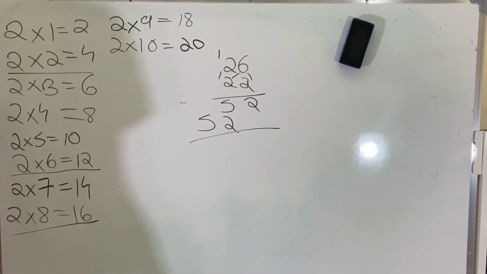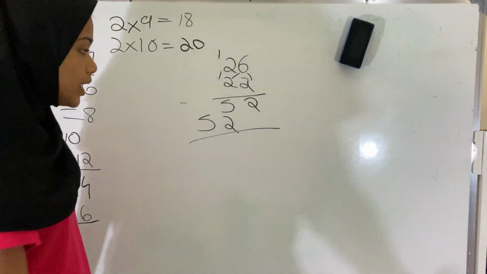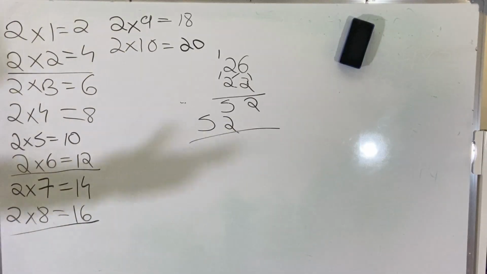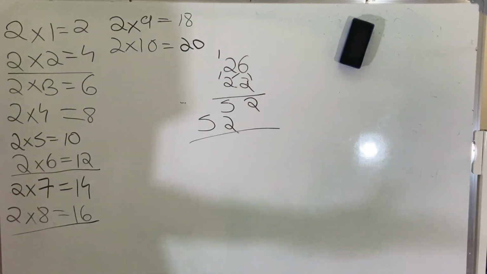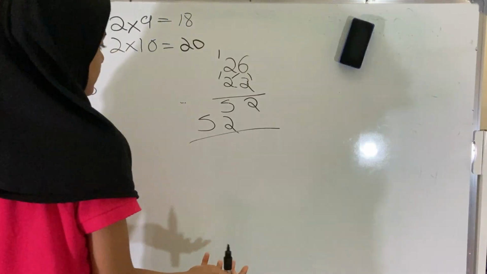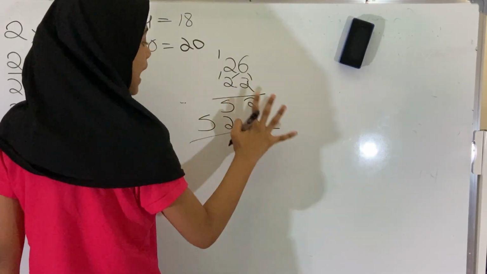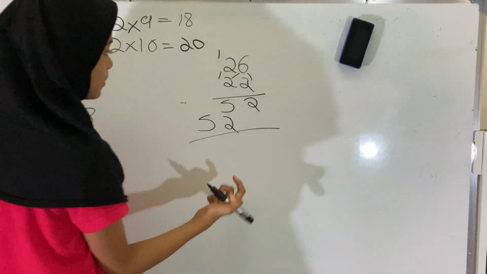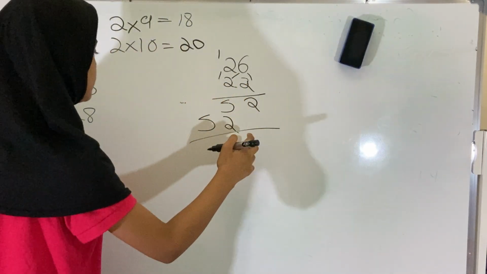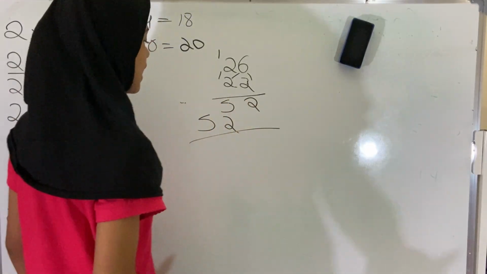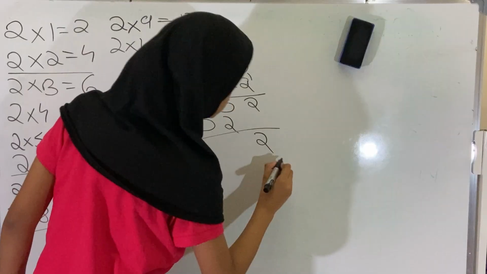Now, how do we do it? Because as you can see, this is definitely not looking like an answer. So how do we find it? Well, first of all, we have to add them. As you can see, there is no number for 2 to be added with, so let's just write 2 itself.